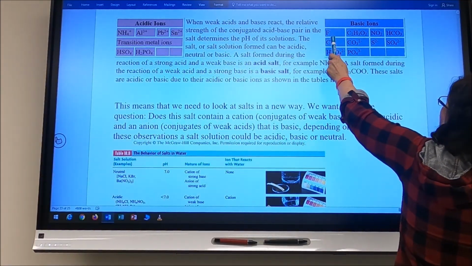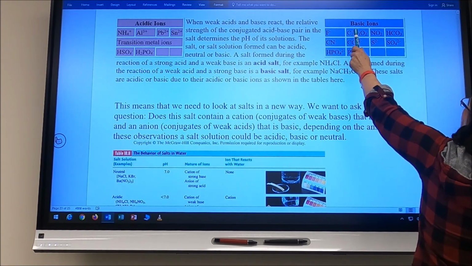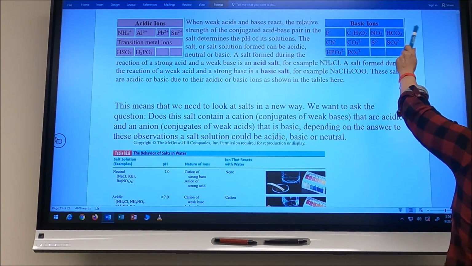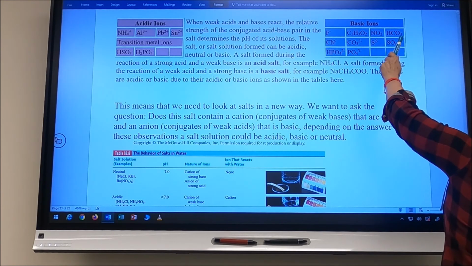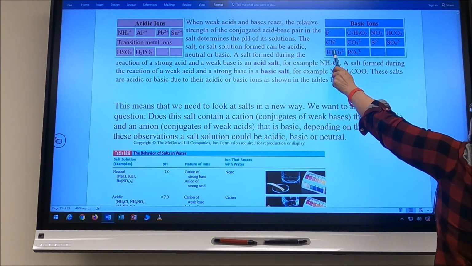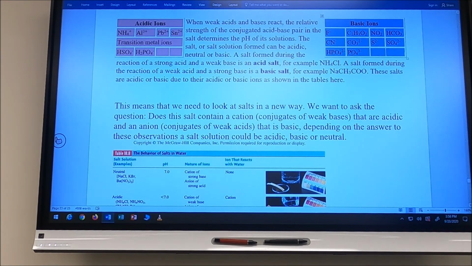Basic anions are things like the fluoride ion, the acetate ion, the nitrite ion, the bicarbonate ion, the cyanide ion, the carbonate ion, the sulfide ion, the sulfite ion, the hydrogen phosphate ion, the phosphate ion, the oxide ion. Okay? So when you look at these, you have to determine whether each ion is neutral or not.